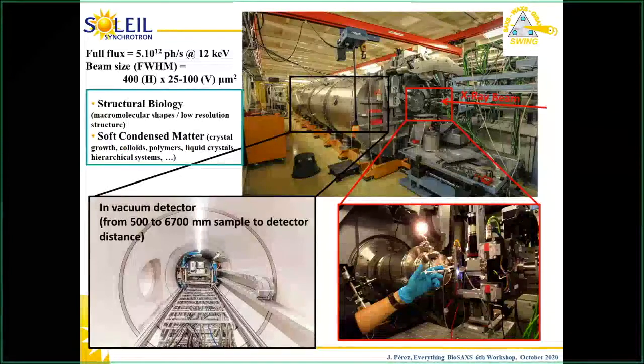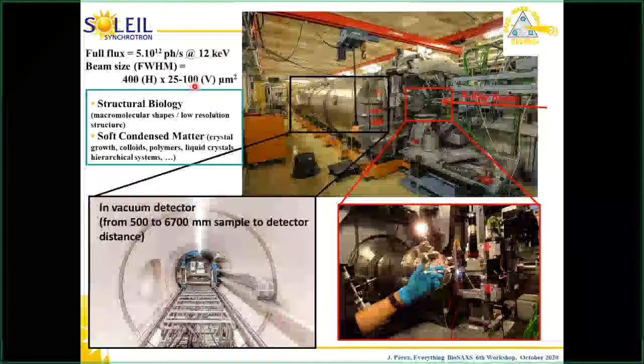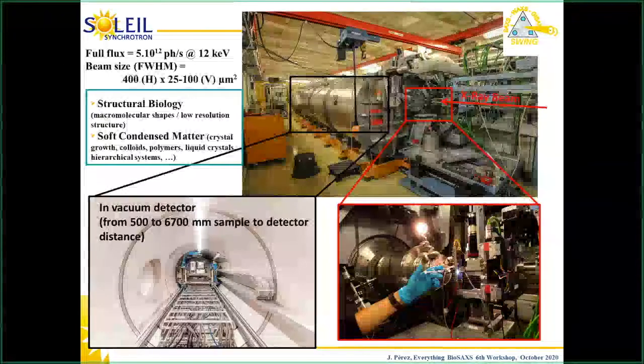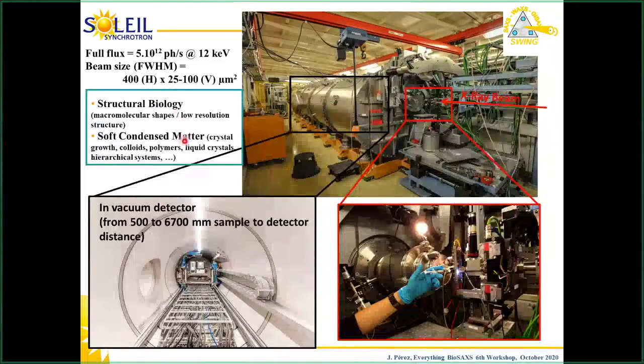So it's a typical SAXS Beamline where we have a flux on the third generation synchrotron, classical flux of about 5 to the 12 photons per second at 12 keV. And the beam is relatively large, 400 microns times 100 microns, which is good for solution samples because the flux is diluted on the whole sample, and so there is less radiation damage.